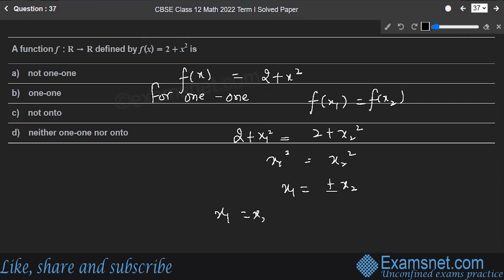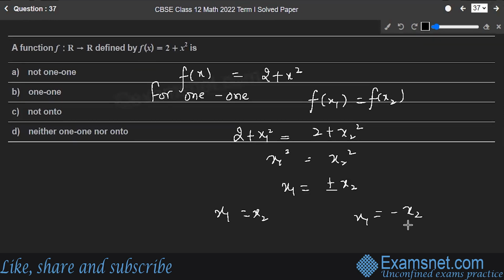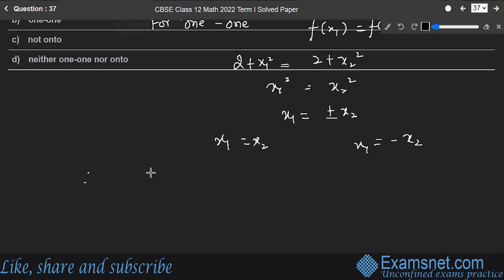So either x1 is equal to x2 or x1 is equal to minus x2. Both can't hold simultaneously. Therefore, the function is not 1 to 1, right?